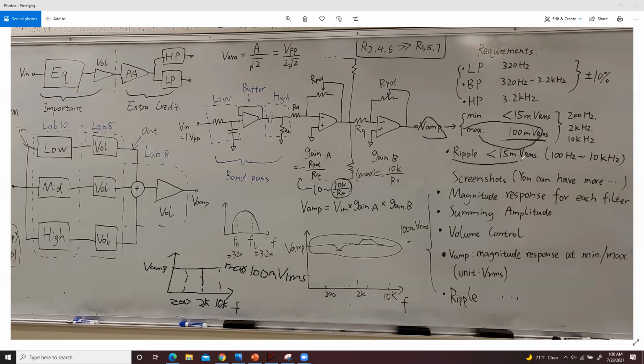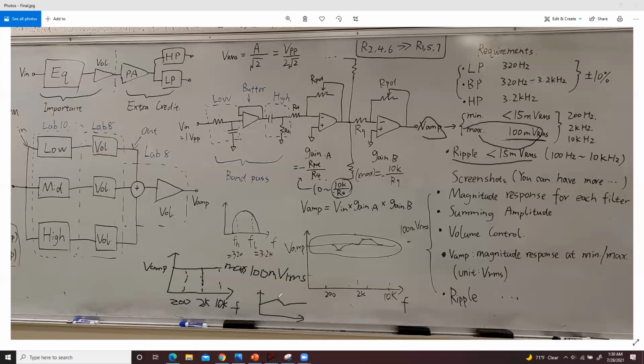And for this requirement, as I mentioned, ideally the output will be a straight line, but it will not be, because not everything in the real world is ideal. So you will have something like a straight line, but with some ripple, maybe something that looks like this.